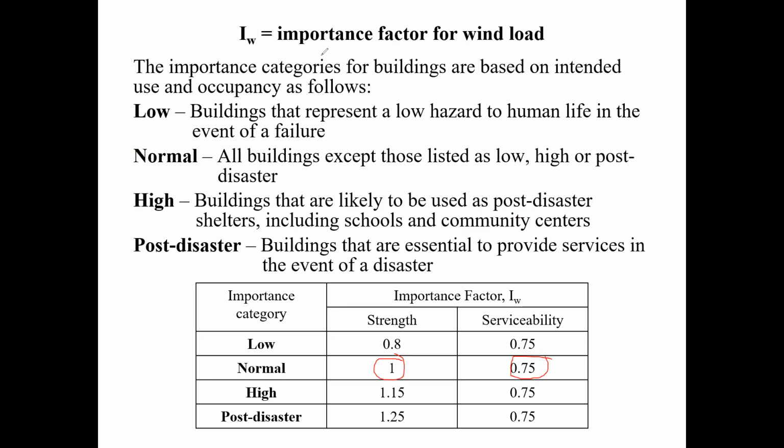If the only thing that changes for serviceability is my importance factor, then I could take the values I calculated for my strength and multiply by 0.75, because here I use a value of 1, and I get the pressure for serviceability. And there you go. So you would use 0.71 kPa for your serviceability.